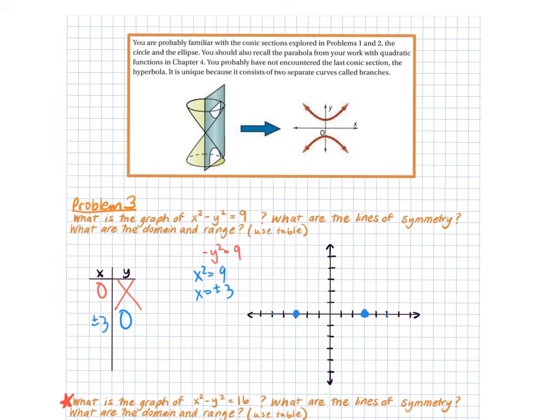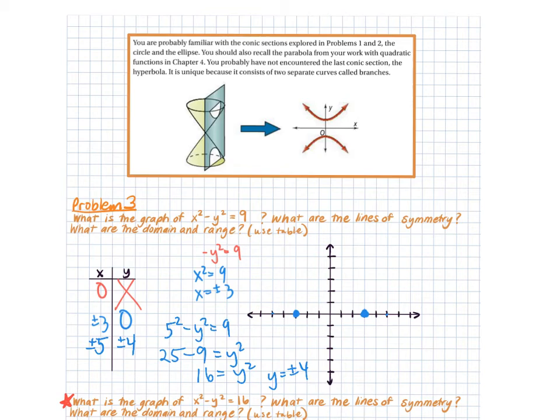I think that'll make the math better. So let's check out plus or minus 5. Since we're squaring it, it's going to give us the same y values. So 5 squared minus y squared equals 9. This is 25. Let's subtract 9 from both sides and add y squared to both sides. And then here we go, 16 equals y squared. So y is going to be plus or minus 4.